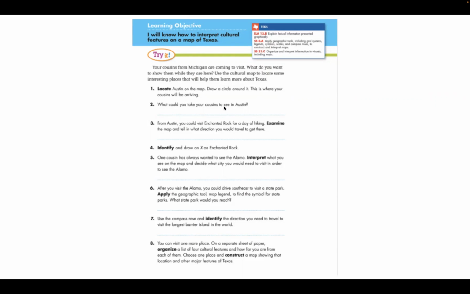But at first they were given this scenario: your cousins from Michigan are coming to visit. What would you want to show them? And in the midst of this, while I was monitoring students, I was able to hit the map skills, but also ask them questions about the regions of Texas. When I visited some groups, I asked, what region do you think this is in, especially Austin?